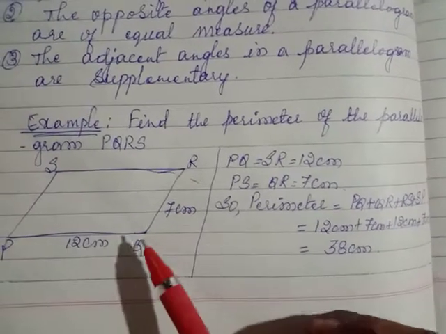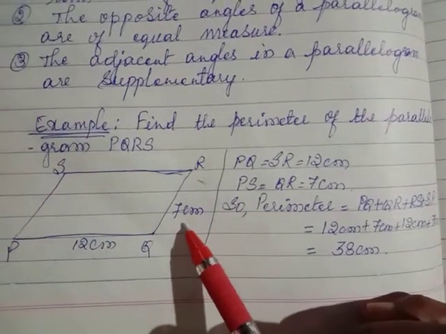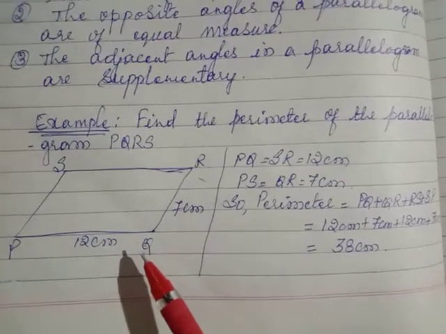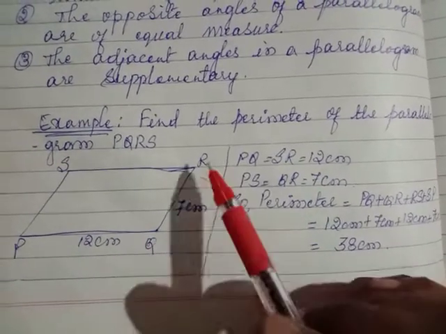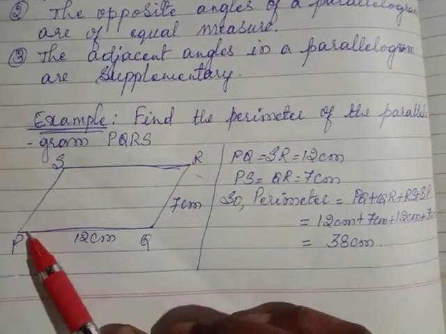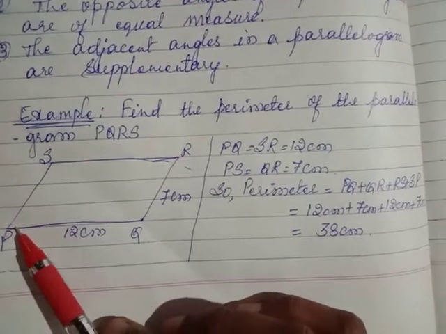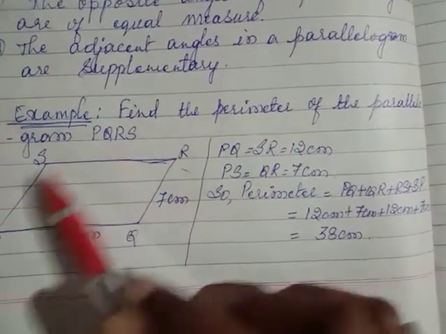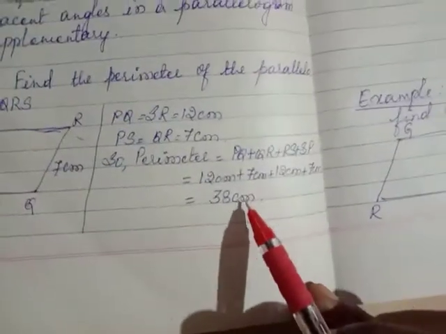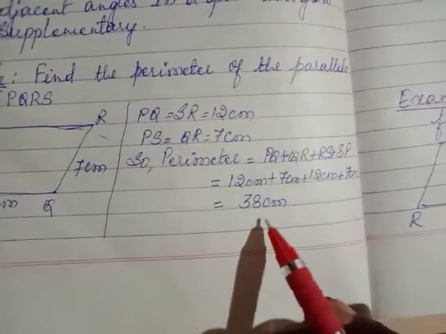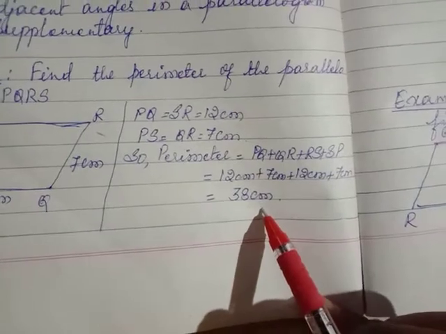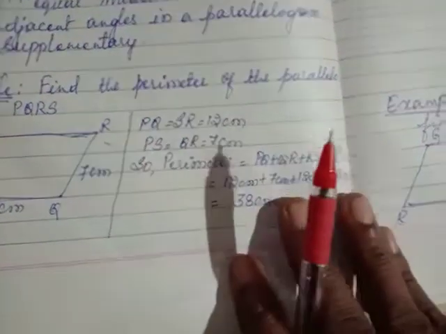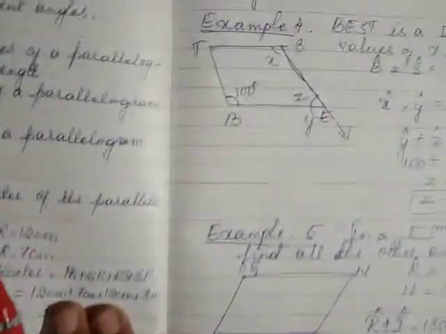Then PS is equal to QR is equal to 7 centimeter. So perimeter, PQ plus QR plus RS plus SP, is 12 plus 7 plus 12 plus 7. The total is 38 centimeter. Okay, children, this is how we find the perimeter of a parallelogram.